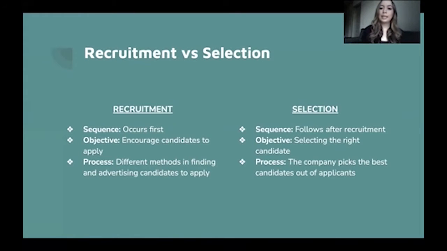After that process, that is when the company or organization moves forward with going through the whole process of selecting the best candidate fit for them. The differences between these two is that recruiting is a positive process as it attracts people towards the organization, when selection is a positive, but more so a negative process as it involves rejection.